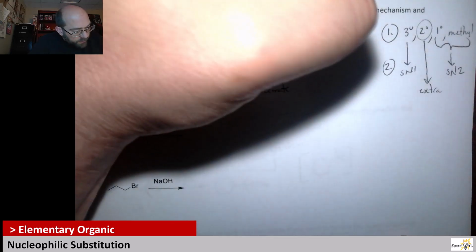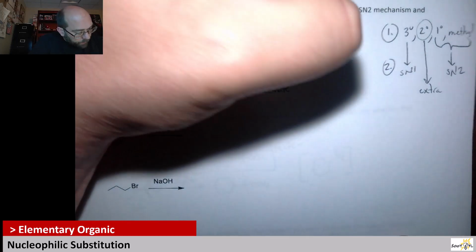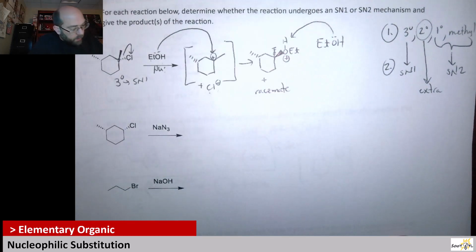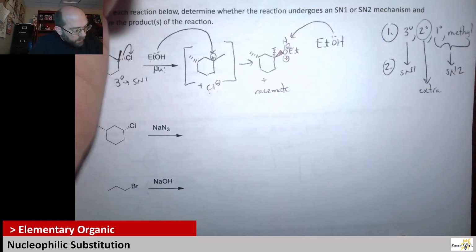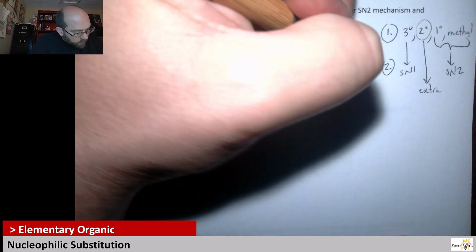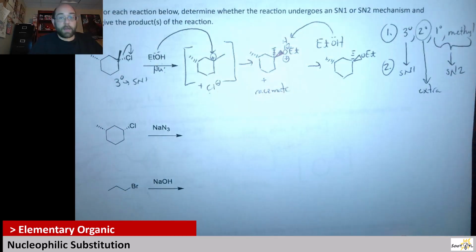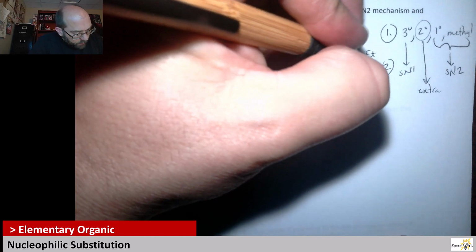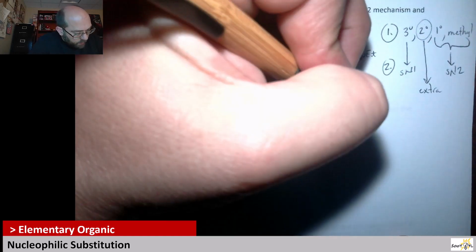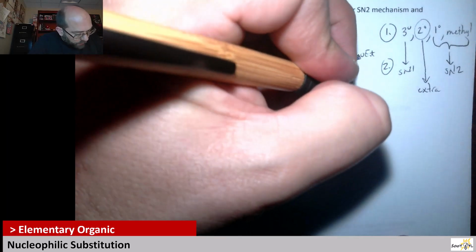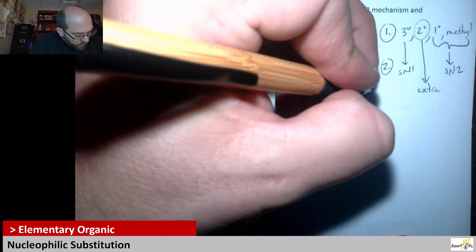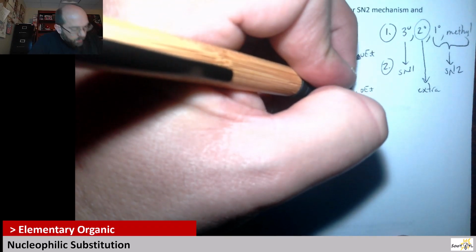So what we would see is that the ethanol here would take that proton and give us this product, and sorry y'all, I know it's getting a little cramped, and this product.